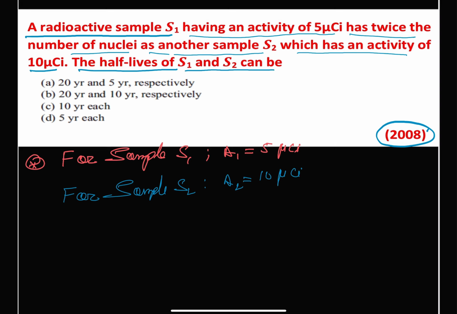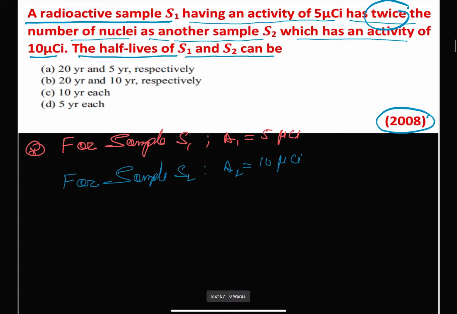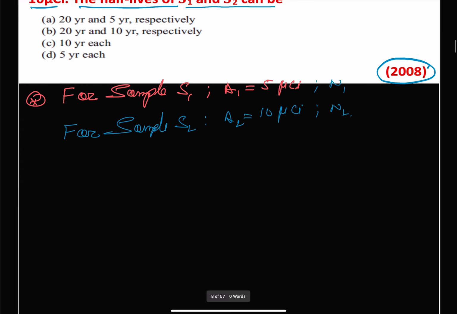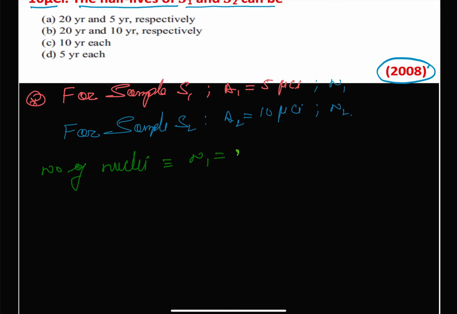And it said that the radioactive sample has twice the number of nuclei. For sample S1 let us call this N1 and for S2 let us call this N2, number of nuclei. So we get the relationship that N1 is equal to twice of N2.